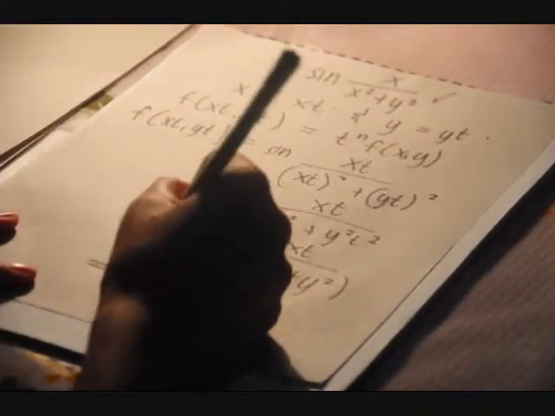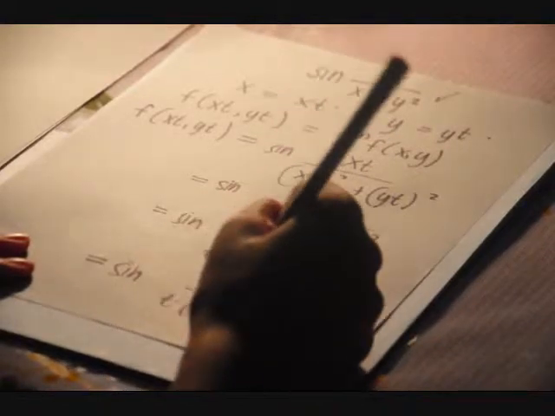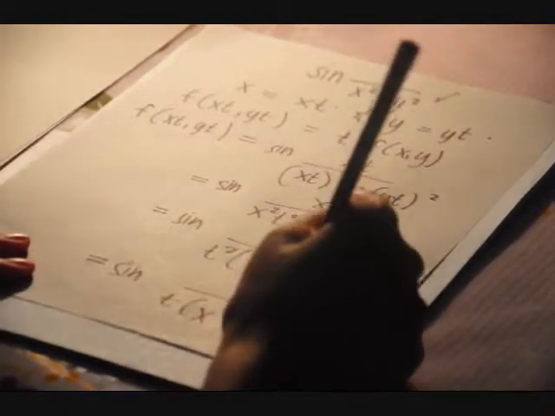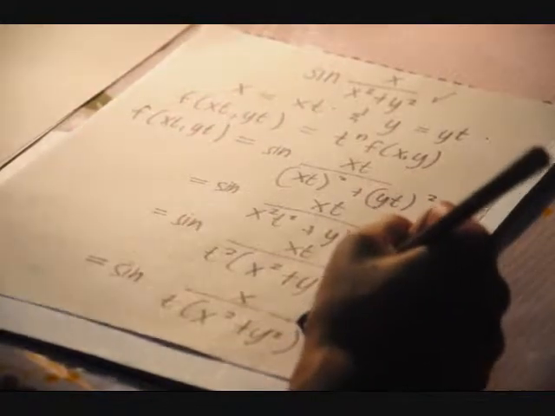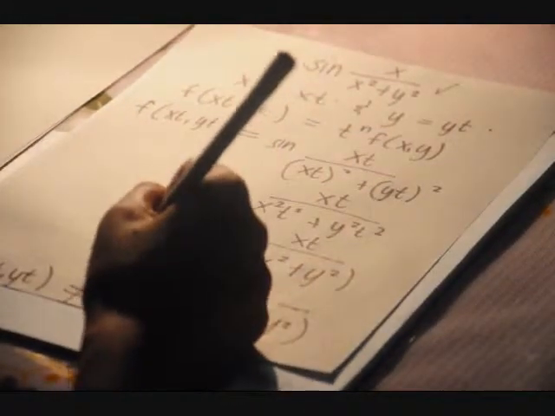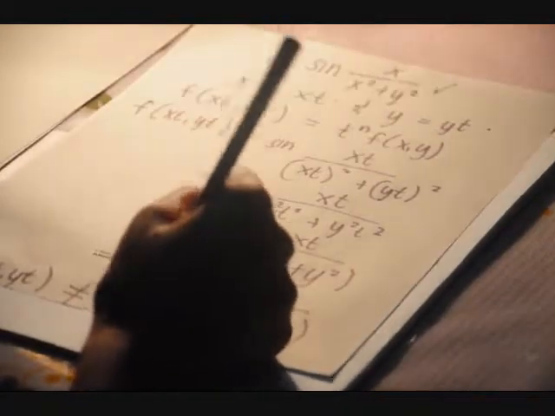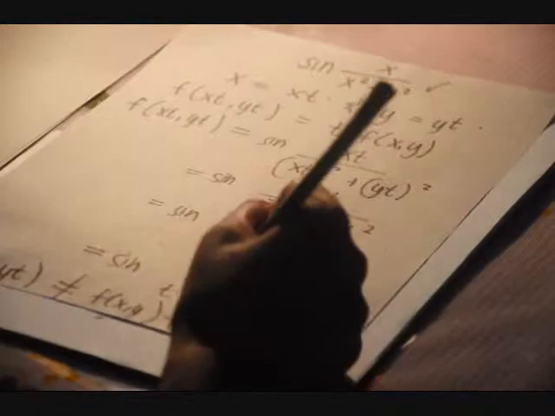Now simplifying, we have sine of x over t times (x squared plus y squared). Now we can see that the function of xt and yt is not equal to the function of x and y times t raised to the power 2. So this function is not homogeneous.